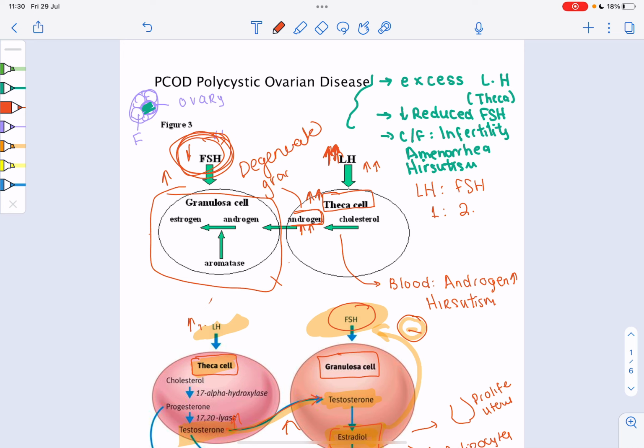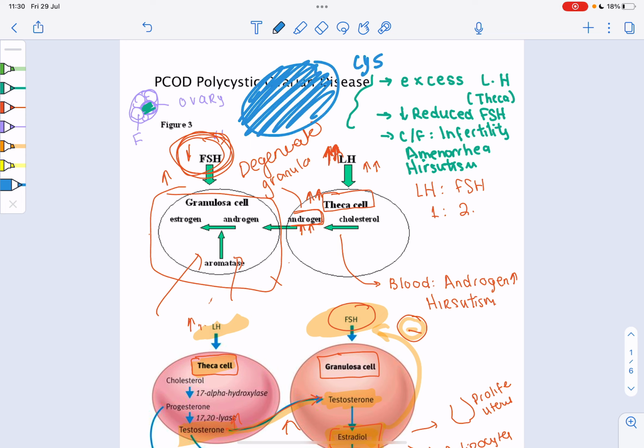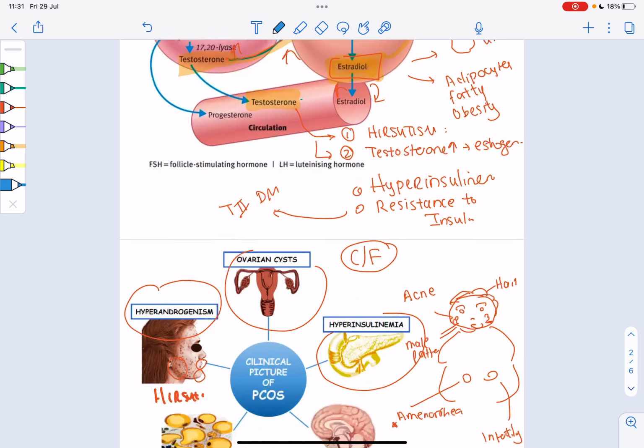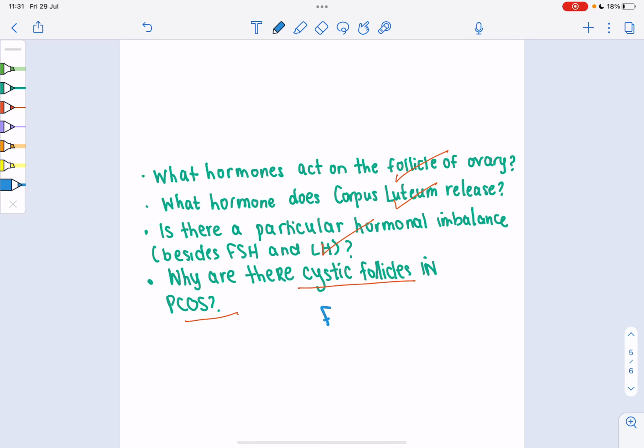Degenerated granulosa cells are then going to become cystic and enlarged. And that is the exact pathogenesis: because there's less FSH, the granulosa cells will not work that well and they will be degenerated. Thank you for watching.